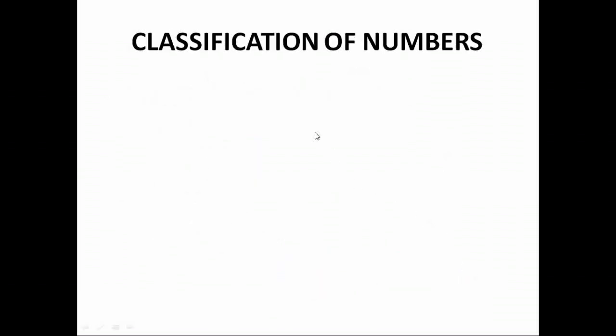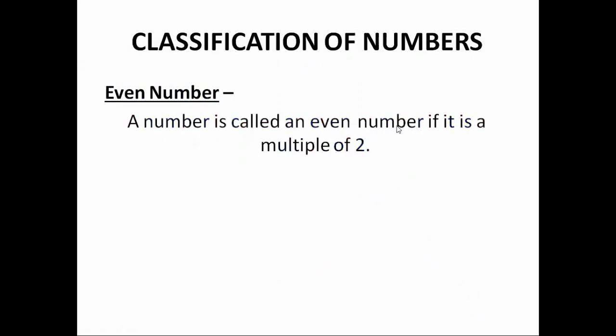Okay. Now classification of numbers. Even numbers. What is an even number? A number is called an even number if it is a multiple of 2. Now we are clear with multiples and factors. So an even number is a number which is a multiple of 2, or we may say 2 is a factor of every even number.